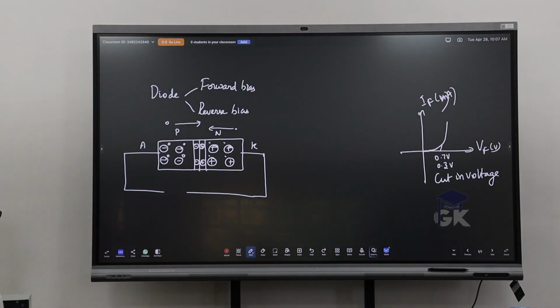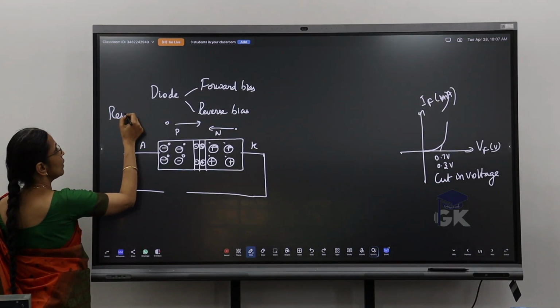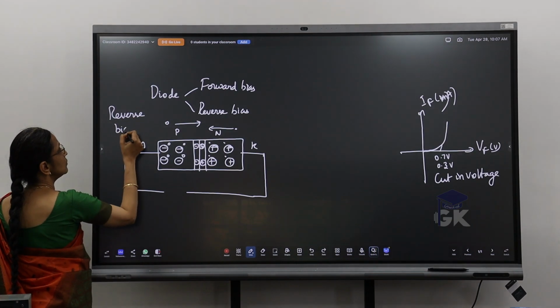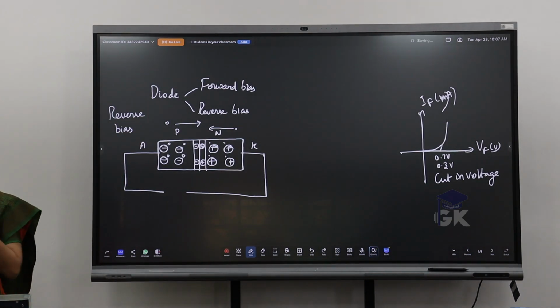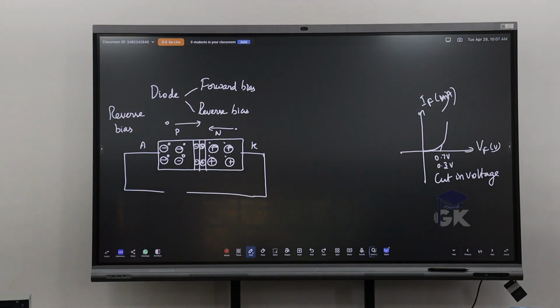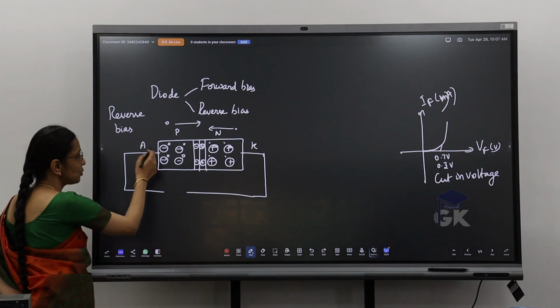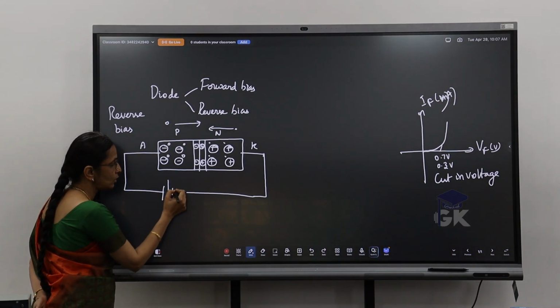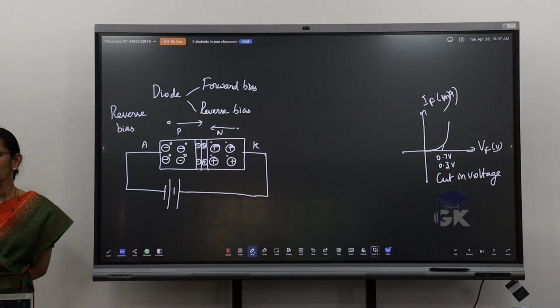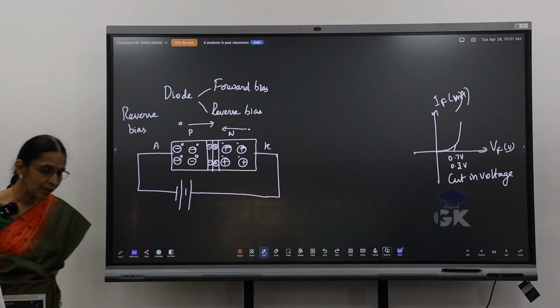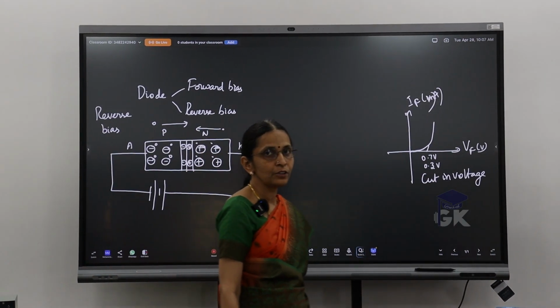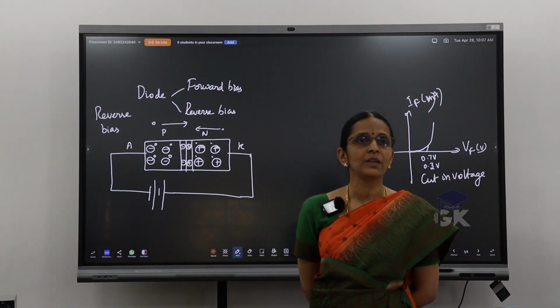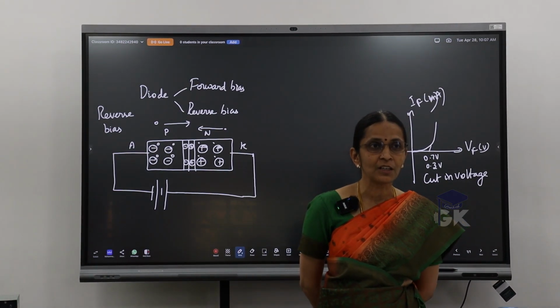Next, let's come to what is your reverse bias. So what do we do in the reverse bias? Anode to anode, what should I connect now? Negative. And to the cathode, positive. Okay. So now how do I term it? Like how we termed it for the forward bias. We told anode should be at a higher positive potential compared to cathode.